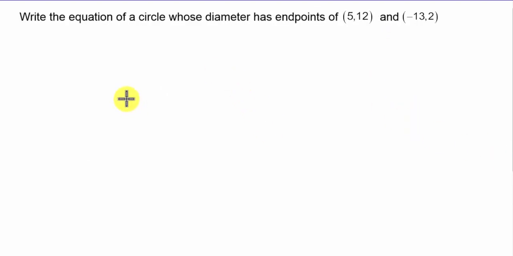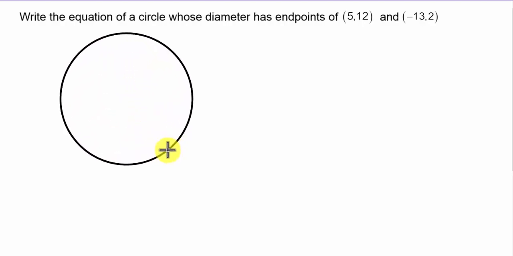So in this case, we're asked to write an equation of a circle where we have the diameter endpoints. Let's say we've got some circle as such. We have a diameter, let's draw it something like this, roughly.